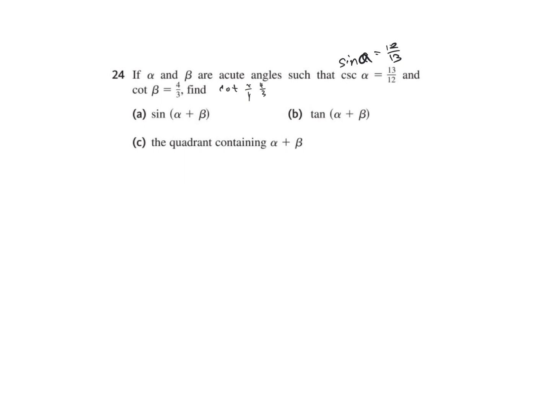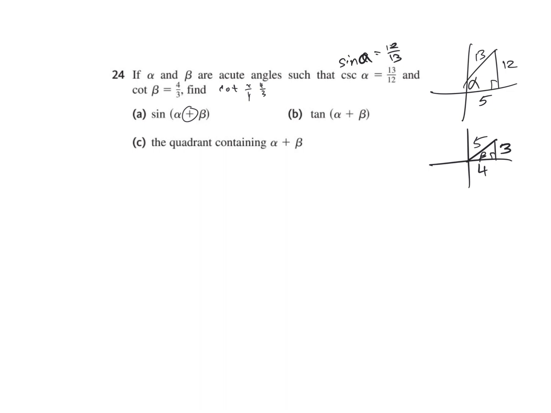All right, so first quadrant, opposite over hypotenuse, and so that must be 5, 12, 13. And the cotangent, x and y are both positive. That's going to be adjacent over opposite. Okay, so this is a 3, 4, 5. So that's beta.